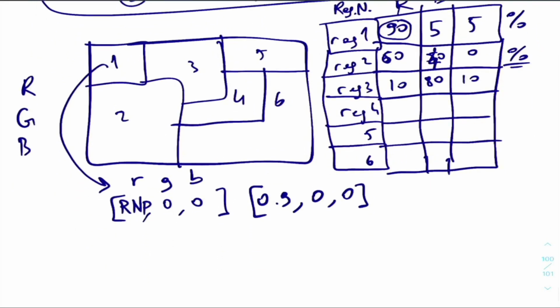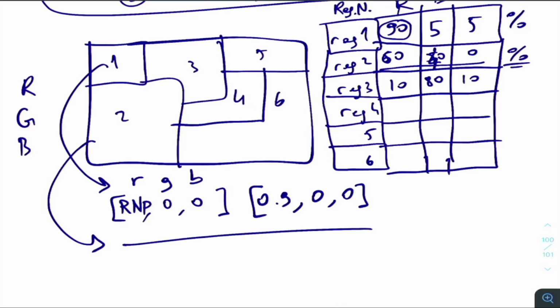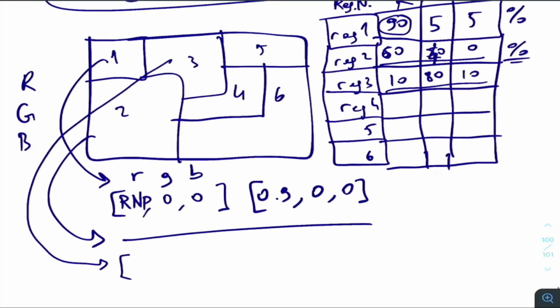And after that, for example, for region 2, you may look at who you should assign, and 60 again R, right? Let's not do region 2, let's focus on region 3. Here 80% and B, right?